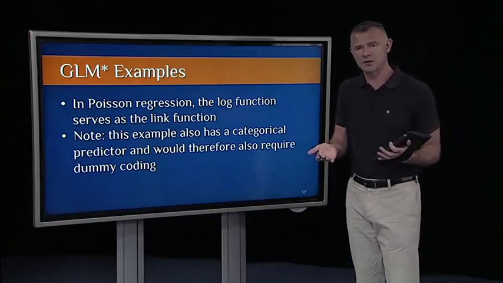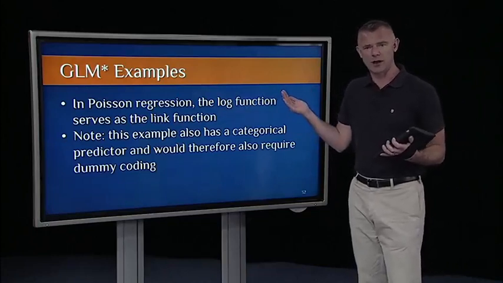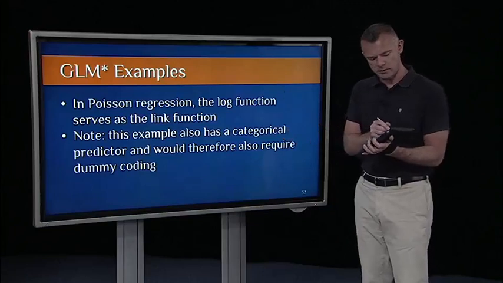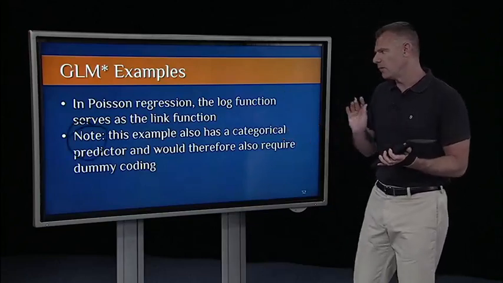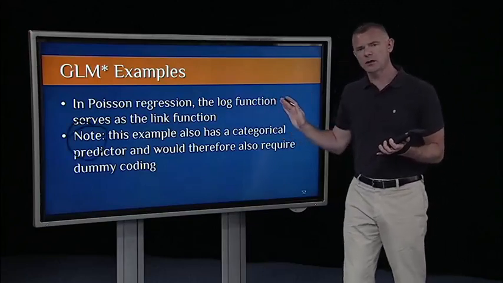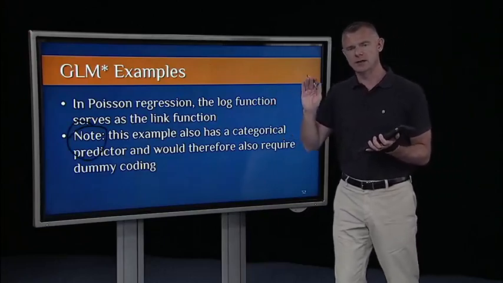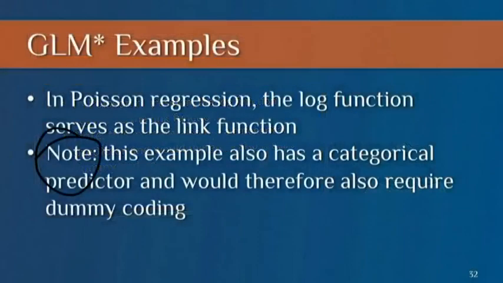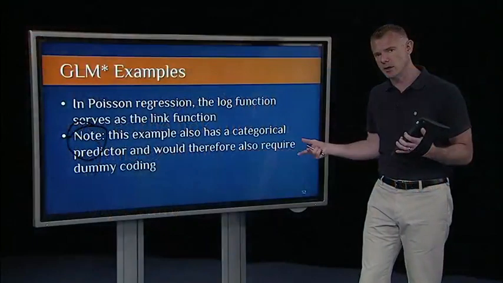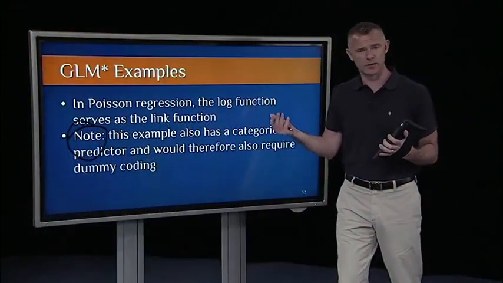That allows us to test a Poisson regression. Now note, I have a note right here. In this example, we were also looking at traffic accidents in different conditions, right? So in clear weather, rainy weather, snowy weather. That's a categorical predictor, so we would also have to dummy code and add in those dummy codes for this example.